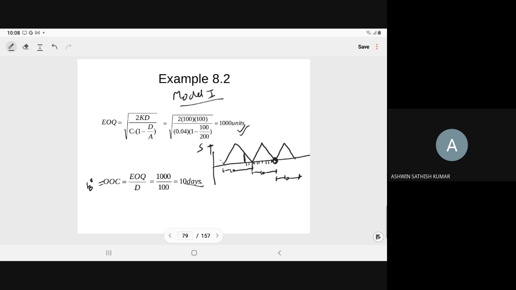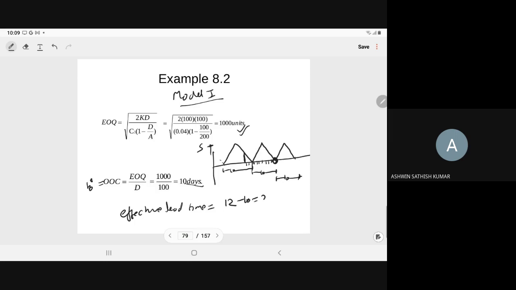So you have to make an order 12 days prior to the actual point of requirement. Clear this part? It means the effective lead time, you can say effective lead time. In this case, the effective lead time will become the lead time, that is 12 minus 10.